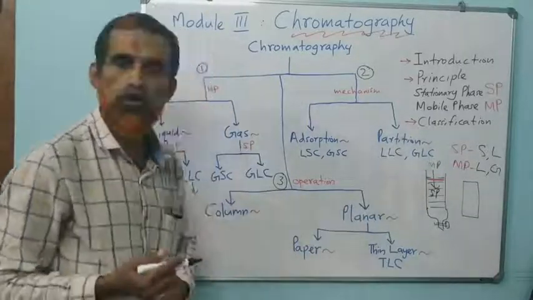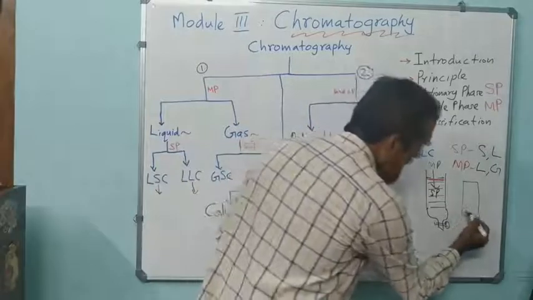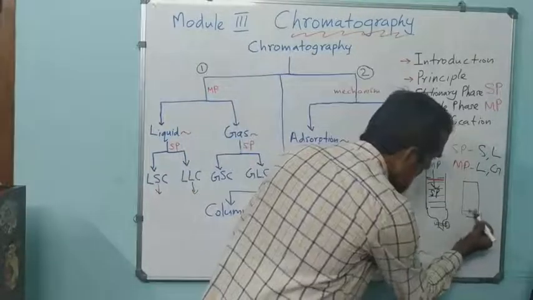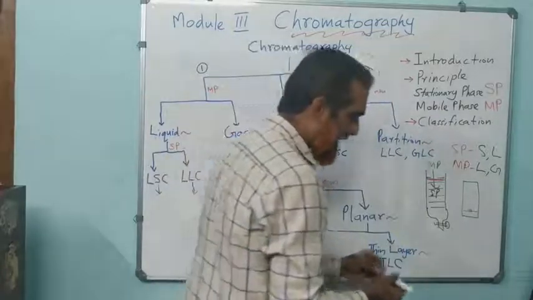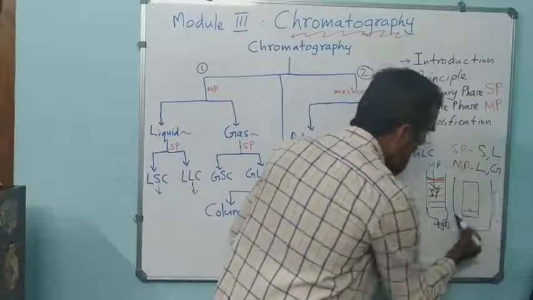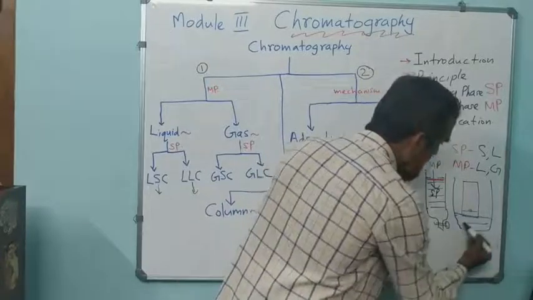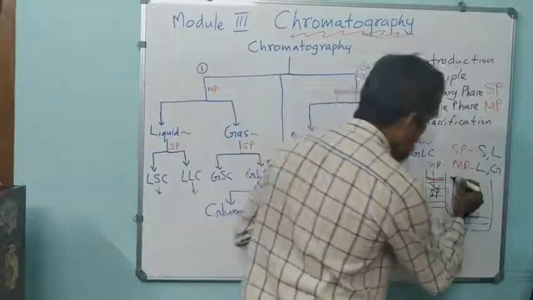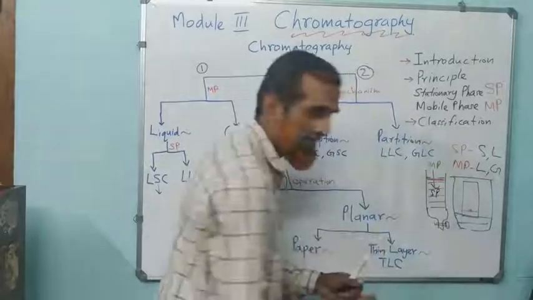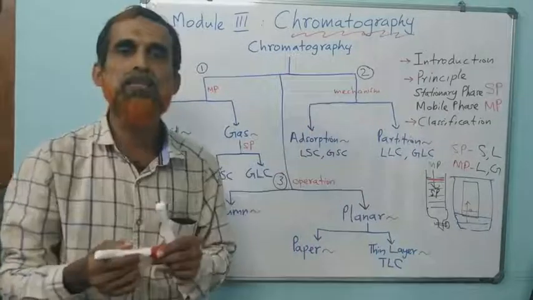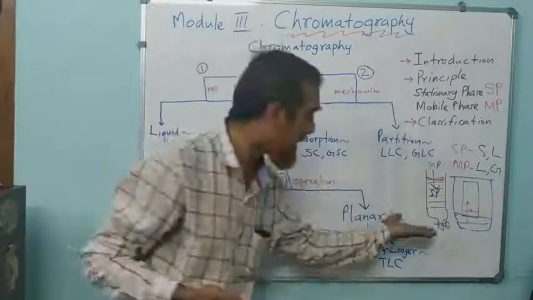Whereas in planar chromatography, generally we apply the sample over here. So the sample is applied here, and it is kept in a jar, and we take the mobile phase at the bottom. We add mobile phase here and we keep it closed. What happens here is that the mobile phase will move up. Here it happens due to what is known as capillary rise.